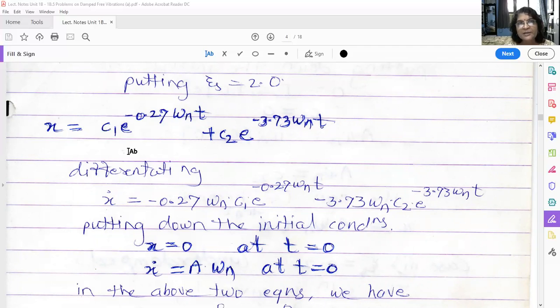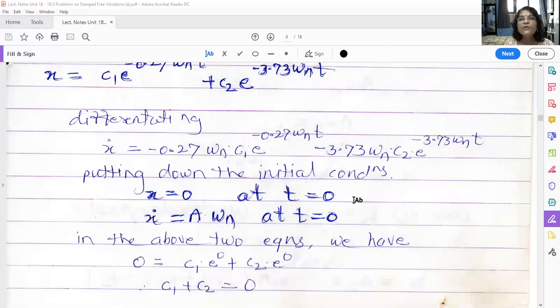So here also x dot is equal to c1 as it is, then minus 0.27 omega n c1 into e raised to minus 0.27 omega n t. What is the differentiation of the second term? Here there will be a minus sign, so minus 3.73 omega n into c2 into e raised to minus 3.73 omega n t.